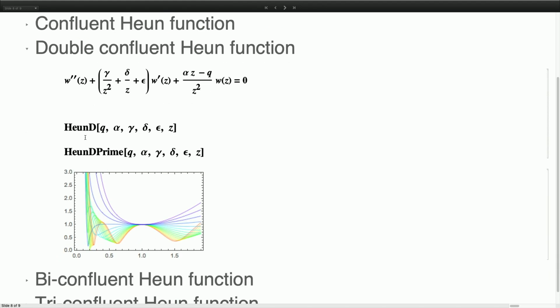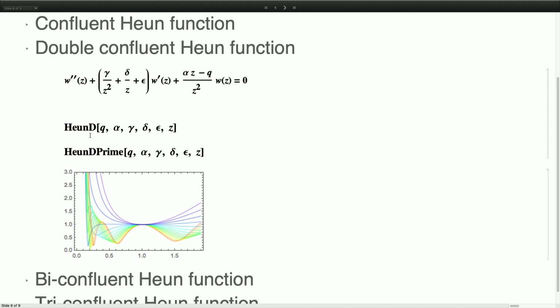The double confluent function is much more difficult because it has only irregular singular points, 0 and infinity. And because of this, we don't know what to do with this function. I mean, in general, how to construct good solutions at these singular points, because it's impossible.